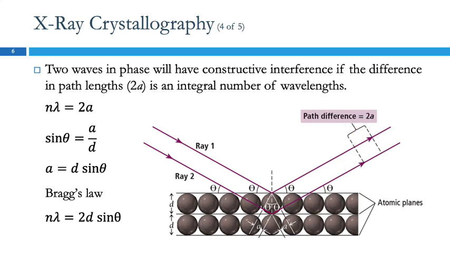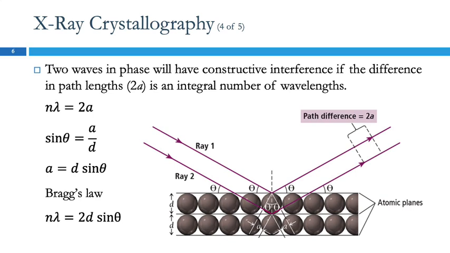What Bragg's law says is that if we have two waves coming in phase, we'll get constructive interference if the difference in path length is an integral number of wavelengths. Because if this is offset by a whole wavelength or two or 7 wavelengths, they're still going to be in phase and reinforce each other.